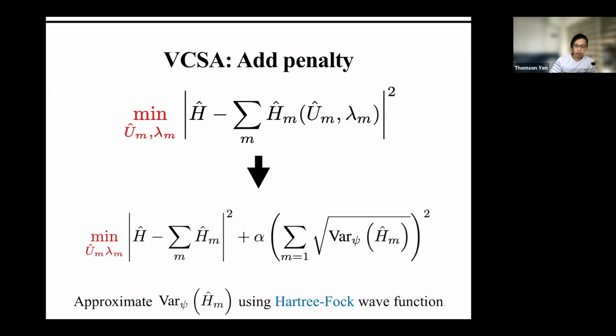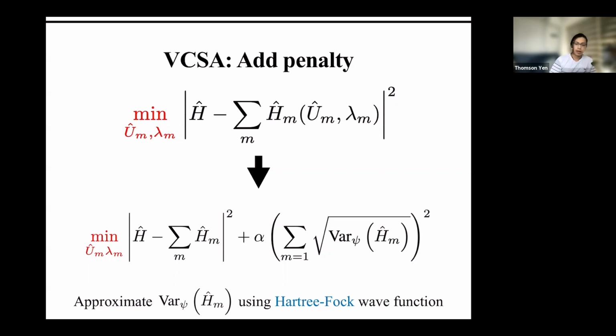But what you can do is, usually in quantum chemistry, we have a fairly good starting point. In this case, we're using the Hartree-Fock wave function most of the time. And these Hartree-Fock wave functions have a sufficient overlap with the ground states.